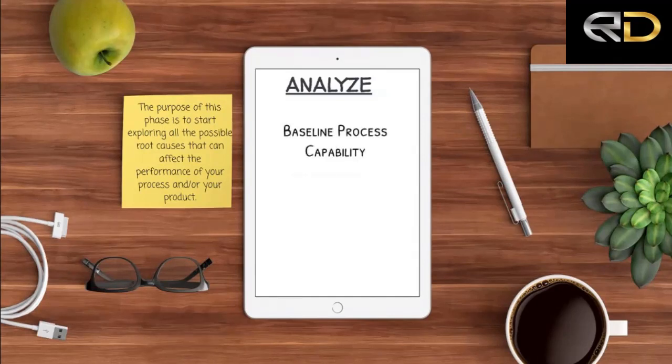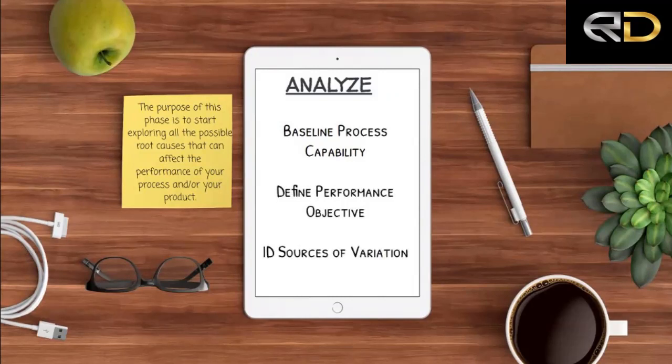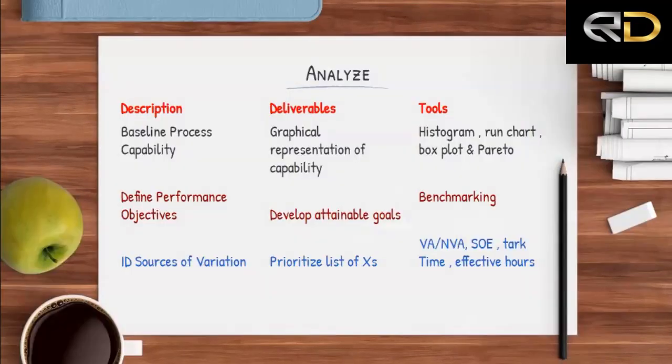So you first of all have to measure how good the current process is, and then how good you want it to be. Maybe it's sigma level 1, and you want it to be sigma level 6, and then you list down the reasons why it is not sigma 6 but basically at sigma level 1. That is all you do, and that is how you determine your current process and what the root causes are. So this is what needs to be done, and this is how you do it.